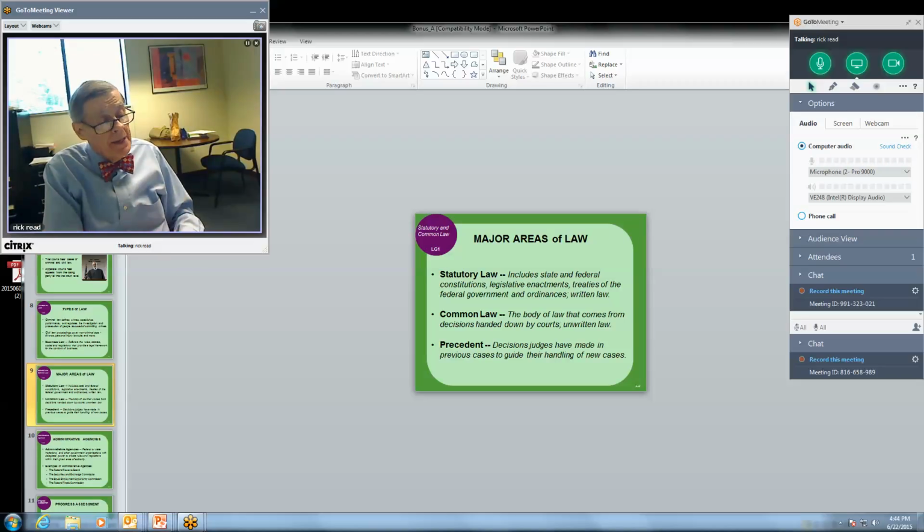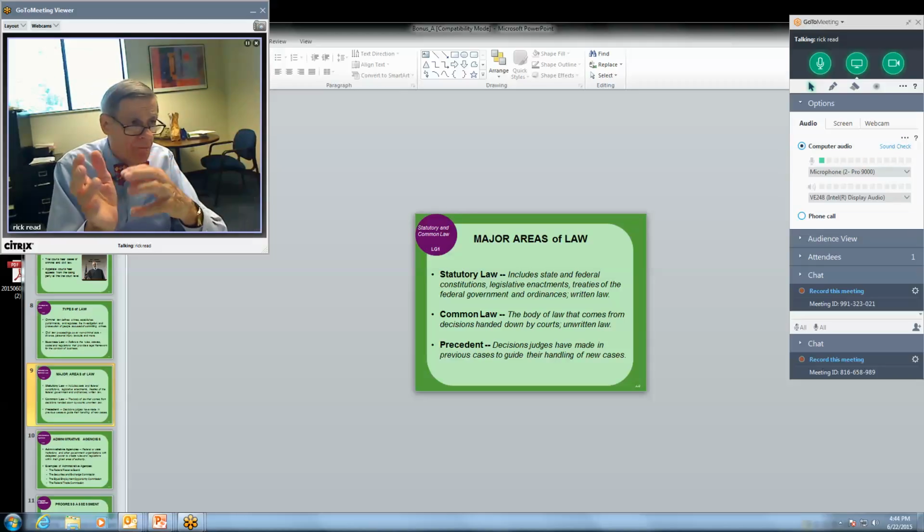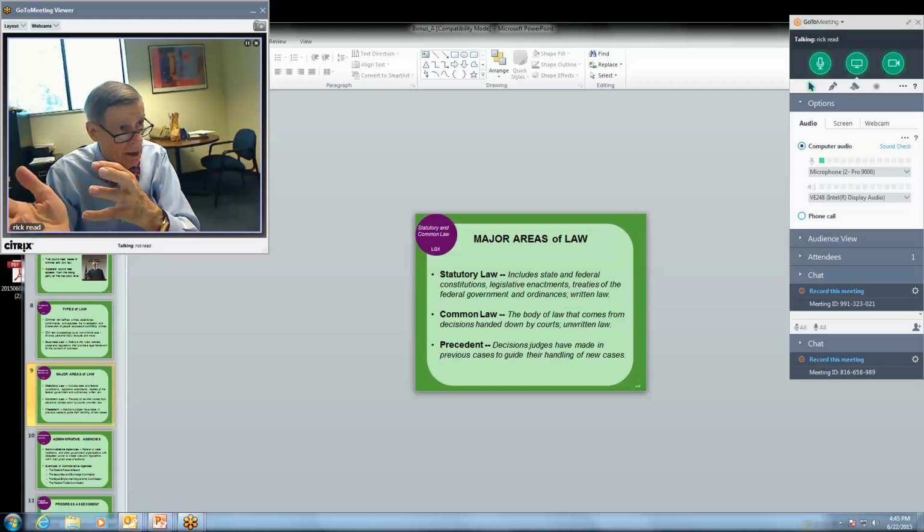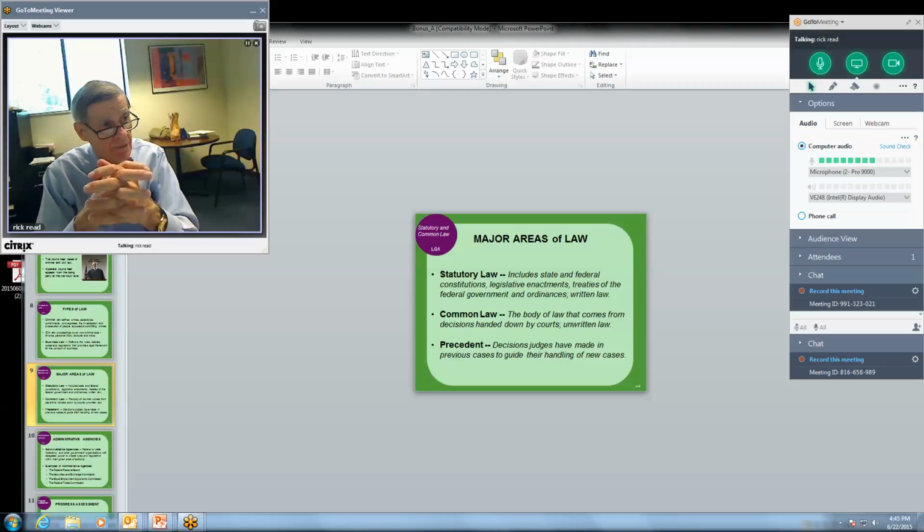And then precedent is, we use that to speak of common law quite often. And we also use it to talk about other law that has been set. For instance, several Supreme Court decisions are known as precedents. A major precedent would be the desegregation case in Brown versus the Board of Education, 1954, which declared that separate but equal was unconstitutional.